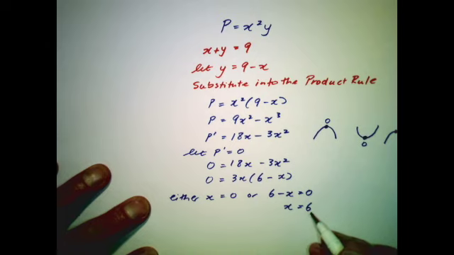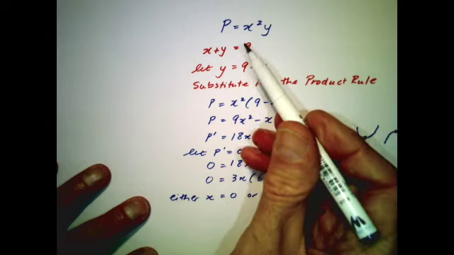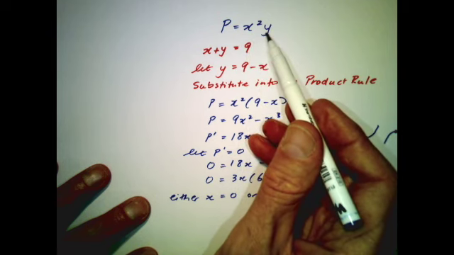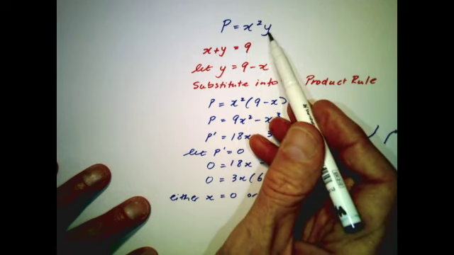Now at this point we could discard x equals 0 because it's not a counting number, but for the sake of this problem we'll carry through. Keep in mind that if x was equal to 0, the product would equal 0, which suggests it's probably going to be a minimum value for the product anyway.